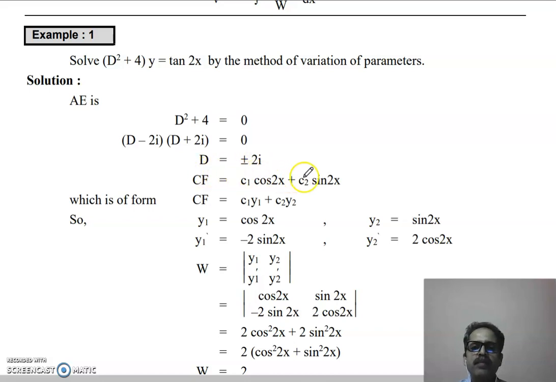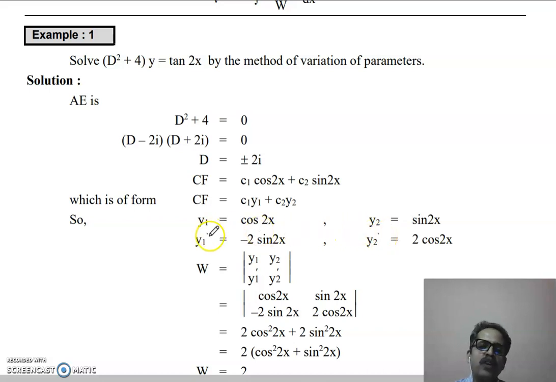So we write CF. You can see that CF has the type C1y1 plus C2y2. So we compare this CF with CF = C1y1 + C2y2, and we can obtain the values of y1 and y2. Once you obtain y1 and y2, you can find y1 dash and y2 dash also.